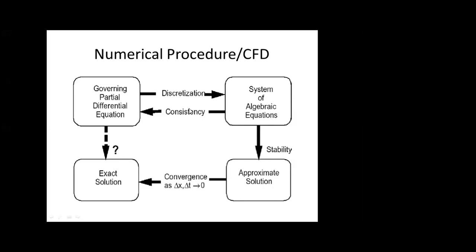Although we do the three things, don't forget that the numerical solution always has to be compared either with the actual values available, or we can solve this governing partial differential equation under certain restrictions for which an analytical solution can be obtained. Then, under the same restriction, the approximate solution and the exact solution should match.